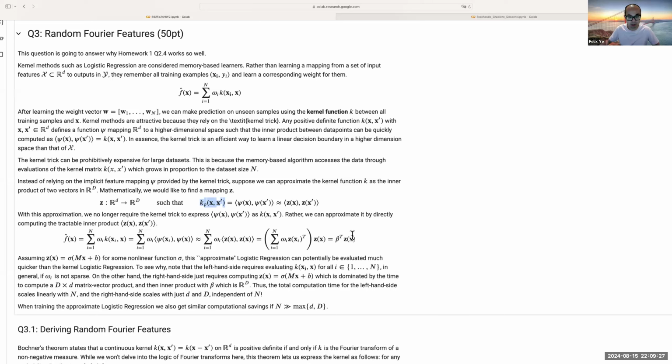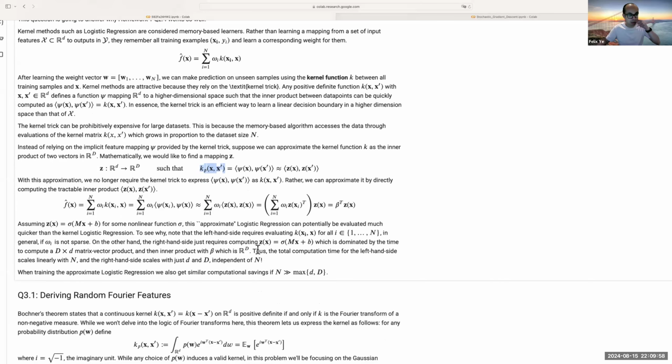But the dimension of Z right here could be significantly smaller than N, right? Here we assume this dimension is D. So that means my dimension D right here could be significantly smaller than the dimension N. Then this calculation will be much more efficient than working directly on the kernel matrices.